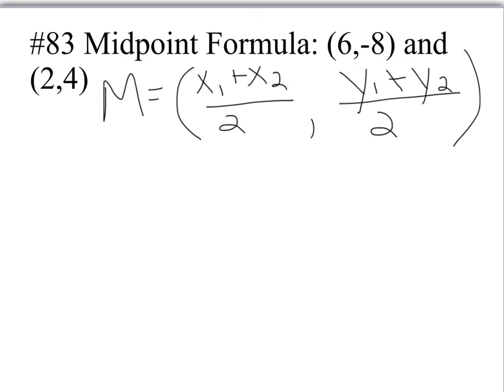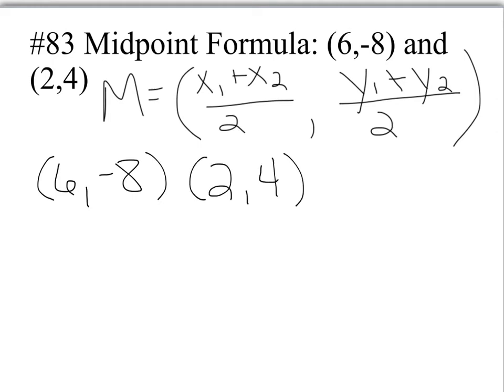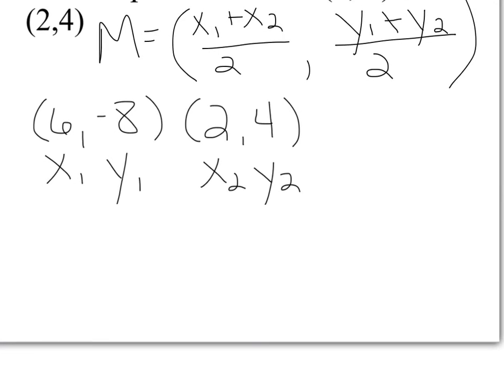So again, just like I did with the distance formula, I'm going to label my points. So I've got 6, negative 8, and 2, 4. So this is x1, y1. Remember, they're both 1 because it's my first point. And then x2, y2, they're both 2s because it's my second point. So now when I go to plug in, the first thing I want is x1, right? So first I have m is equal to, now I want x1.